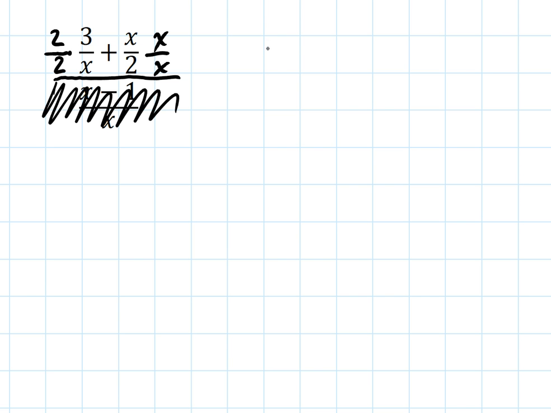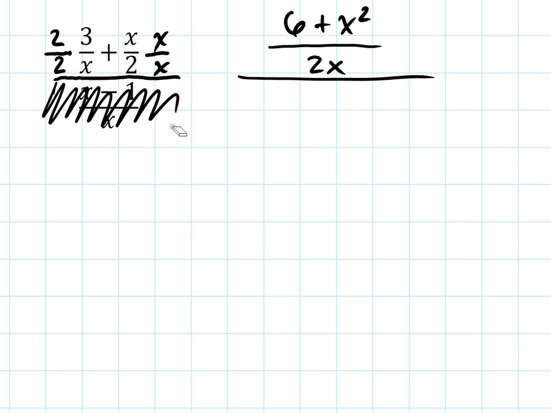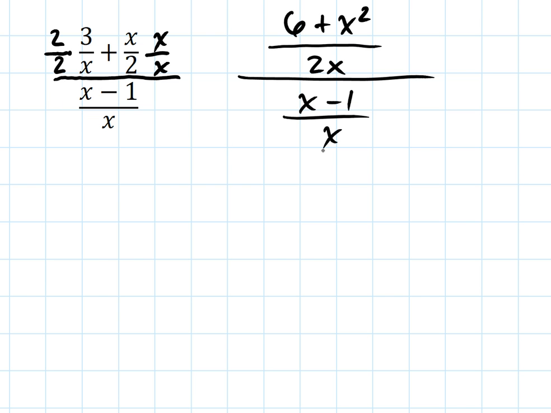So this numerator becomes 2 times 3, which is 6, plus x squared, and that's all going to be over 2x. Now I'm dividing that by something. Let me erase that and see. I'm dividing that by x minus 1 over x.